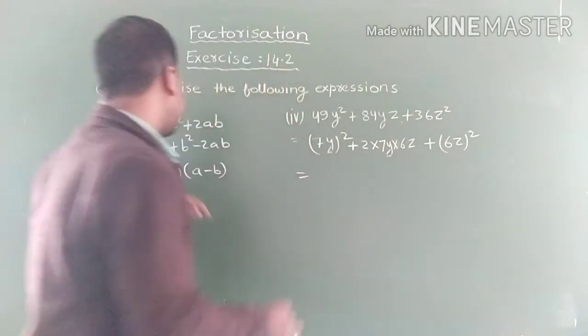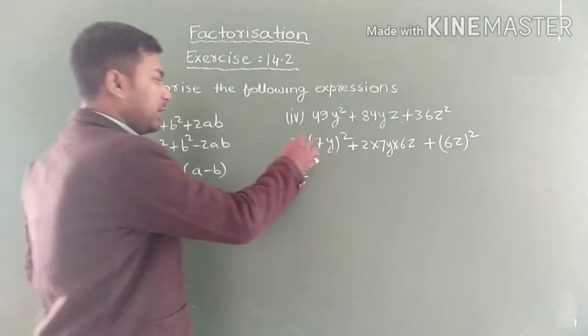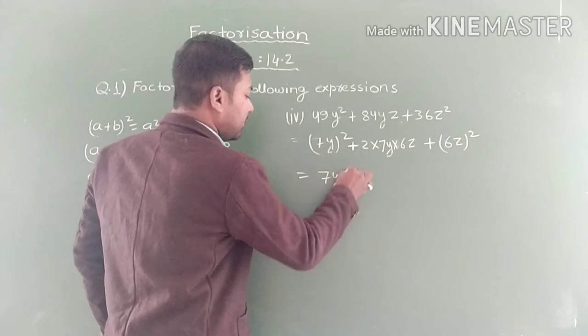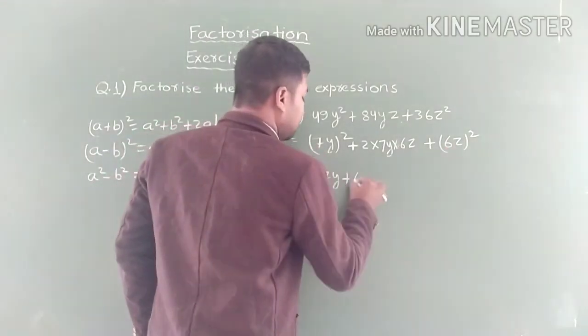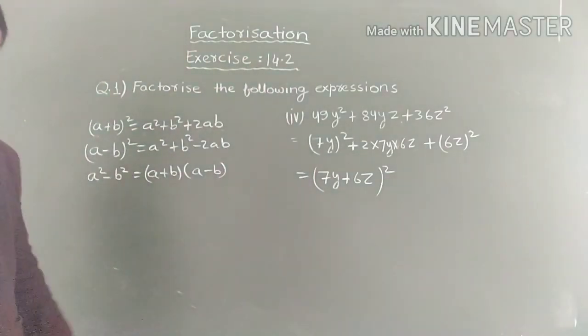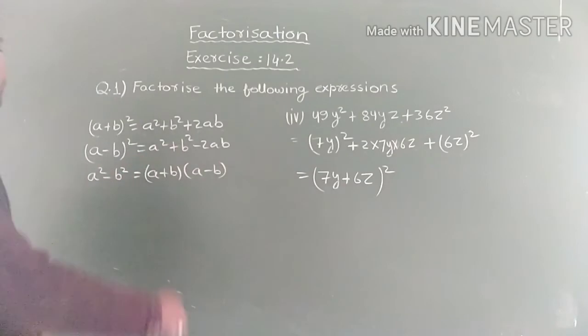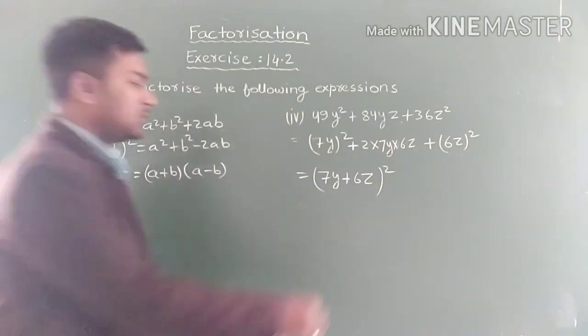So directly we can write a plus b whole square from this formula: 7y plus 6z whole square. This is the answer, and in this question this formula is applied. This is the final answer.